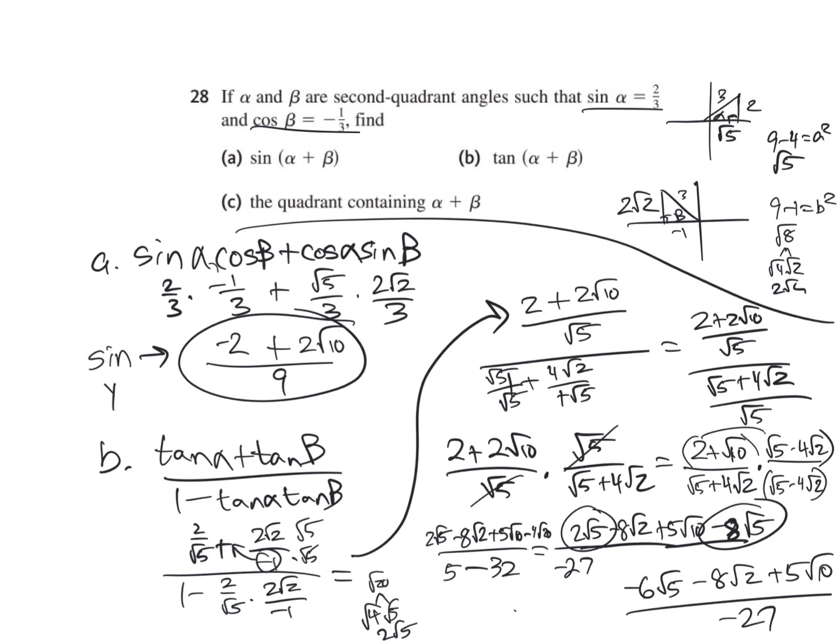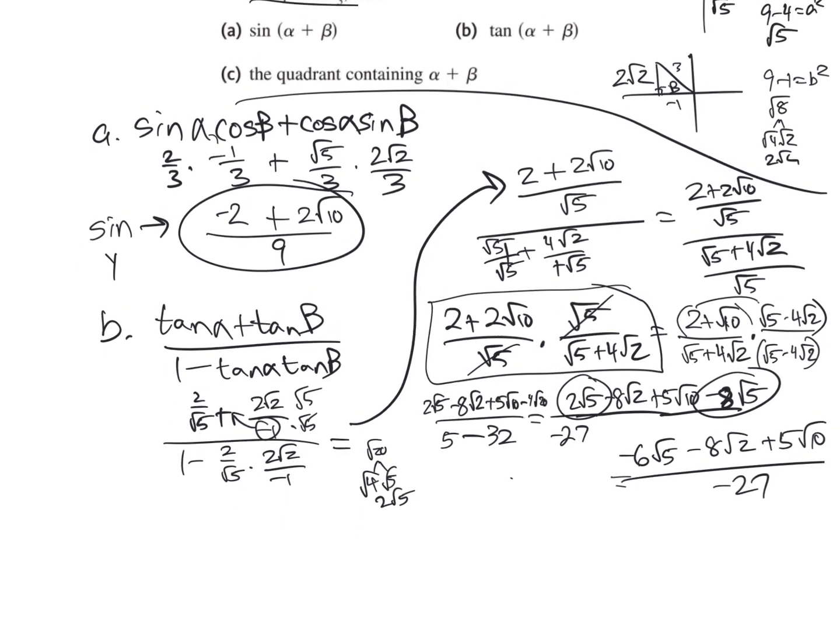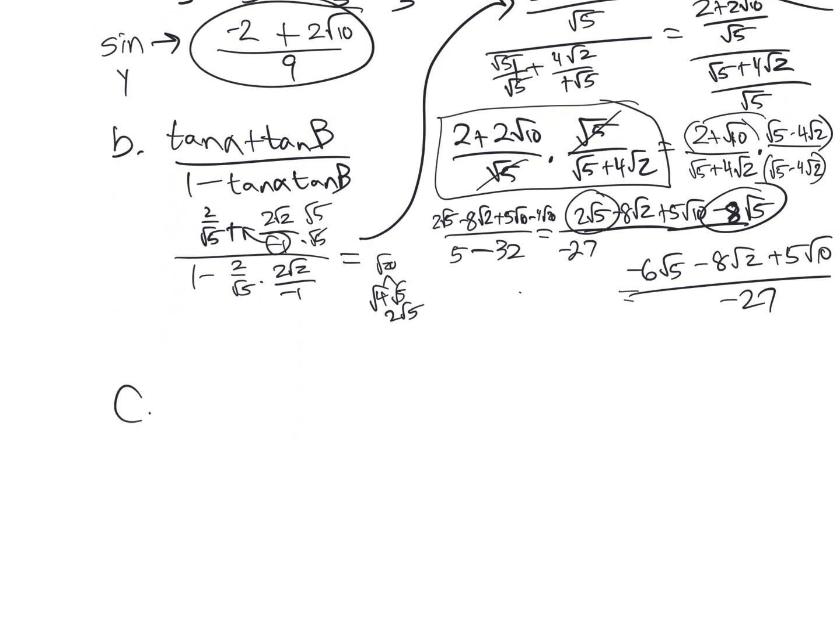All right, so I know this is positive because I look back at this area right here, and these are all positive values. So this is going to be a positive answer, even though it doesn't look like it down here. So the tangent is positive. All right, so let's take a look at this. We have to do the quadrant of a plus b. So part C, the quadrant, you have the tangent is positive.